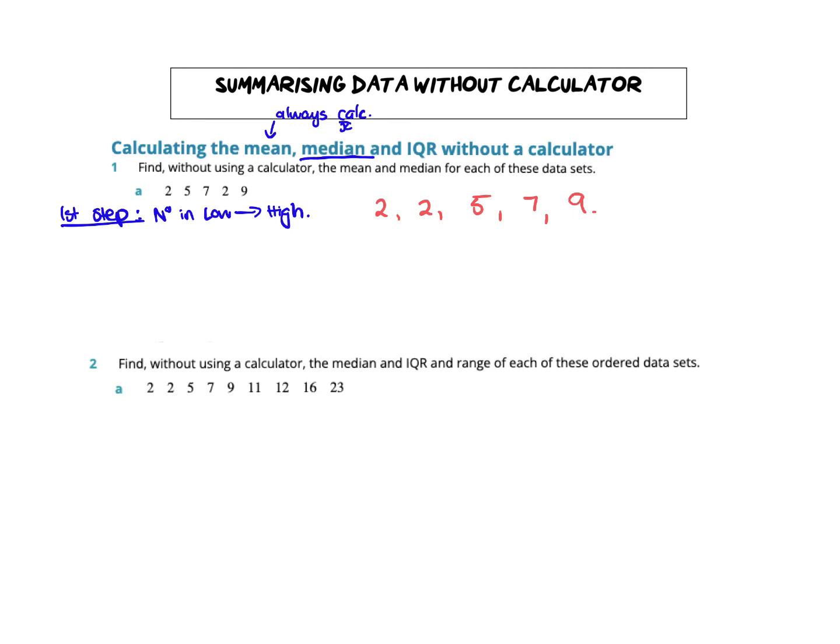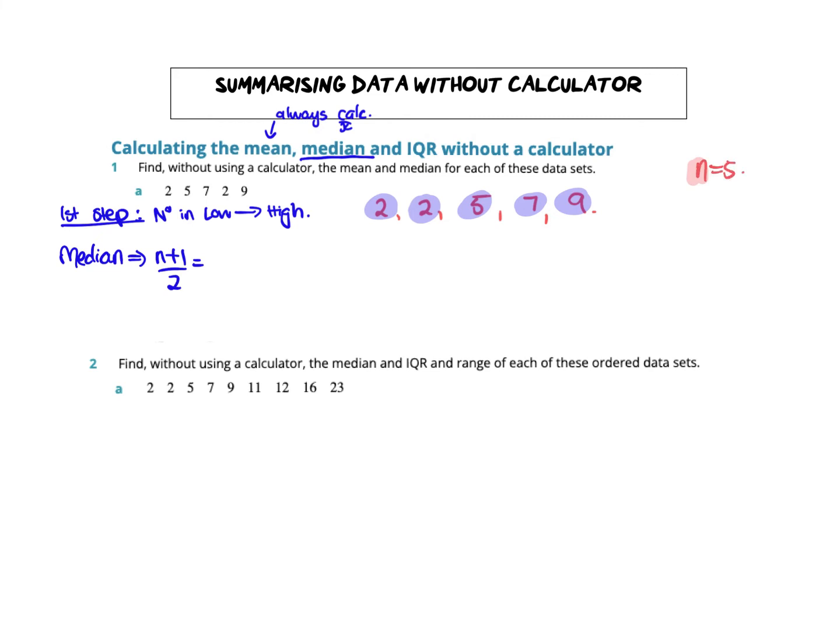Now, we said before that the median can be found at n plus 1 divided by 2. How many numbers do we have here? We've got 1, 2, 3, 4, 5. So what does n equal in this example? Yeah, n equals 5.